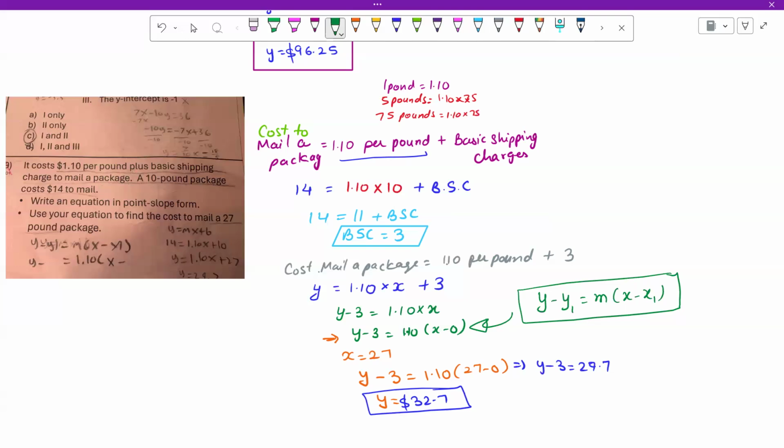Then they say use your equation to find the cost to mail a 27-pound package. 27 is the pounds, so the x value is 27. We plugged in this value and used a calculator to get the cost of our 27-pound package. That's all we wanted to find out.